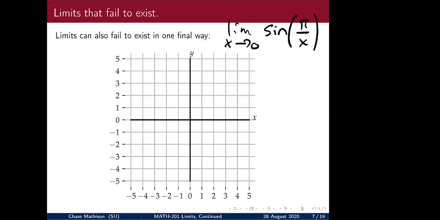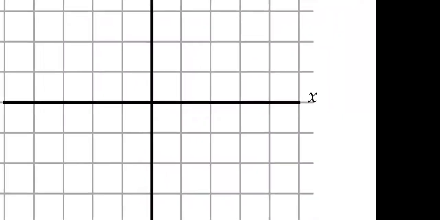Okay, so as x gets very, very big, pi over x is getting very, very close to 0, so it's looking like sine of 0. So this function does something like this. I'm going to zoom in a little bit. It always bounces between +1 and -1 here. So it always bounces between plus and minus 1.